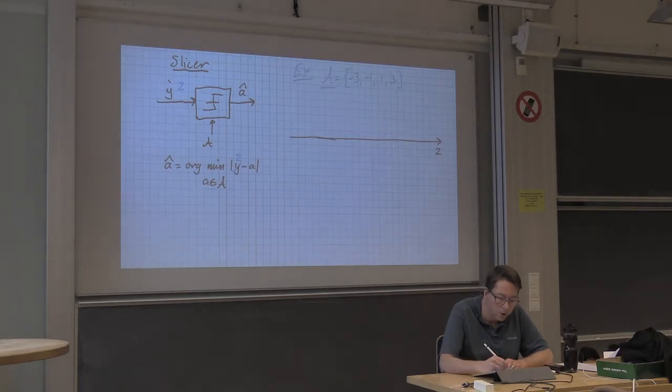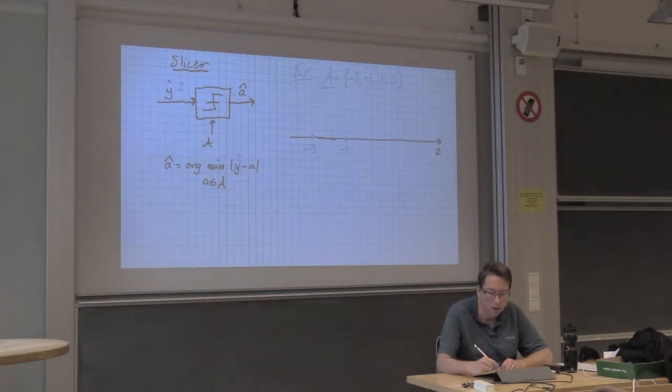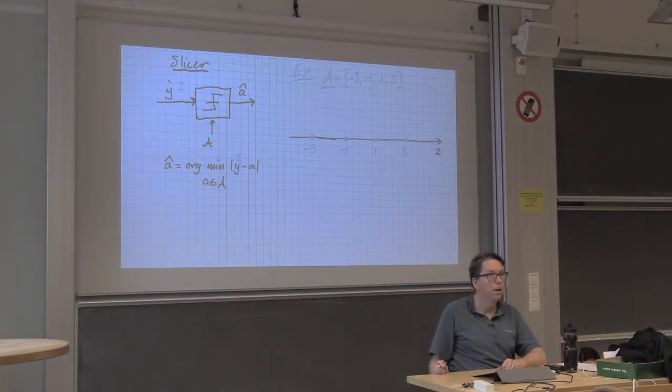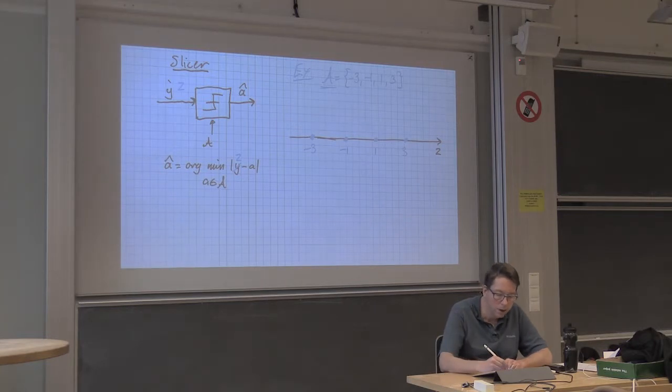So the first element here is -3. Second element is -1. Third element is 1, and the last element is 3. Okay. When we do that, we call these constellation points.